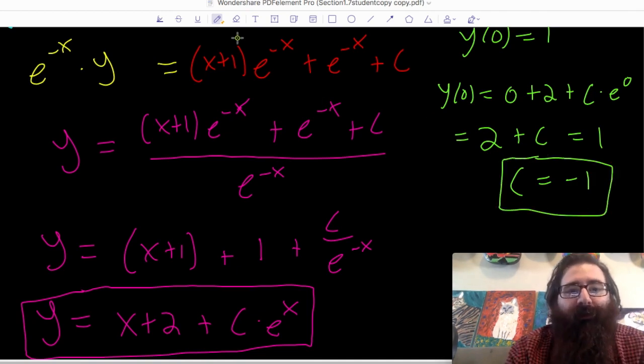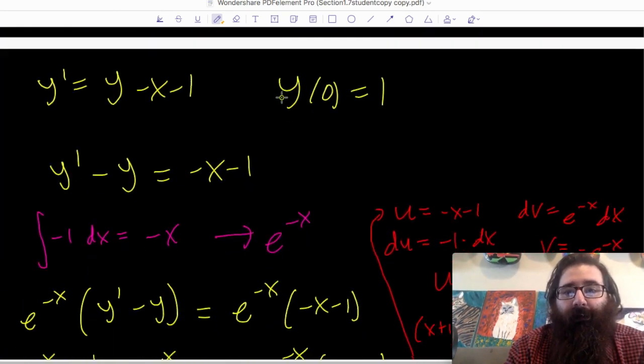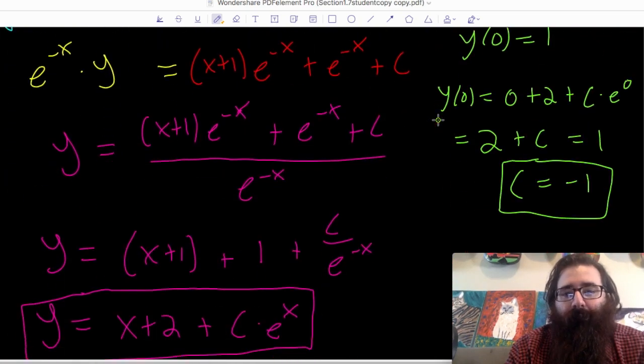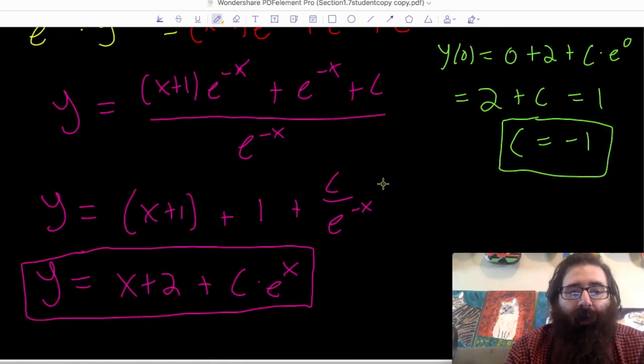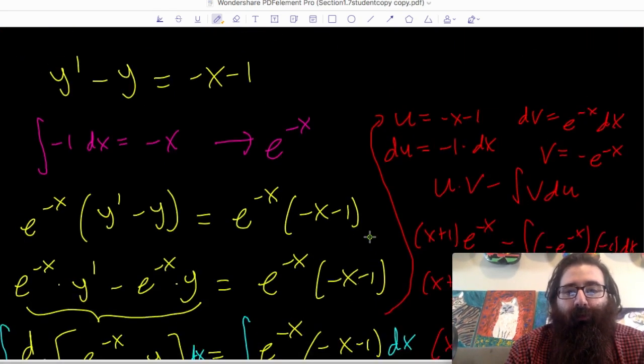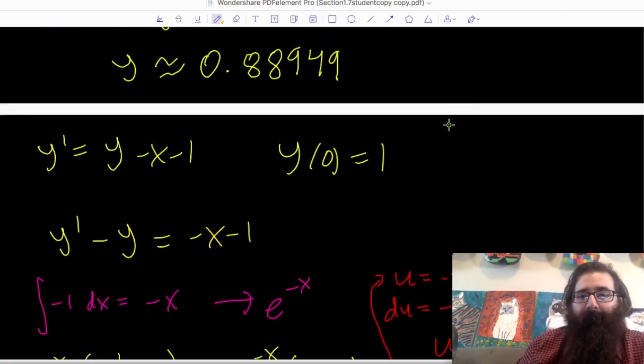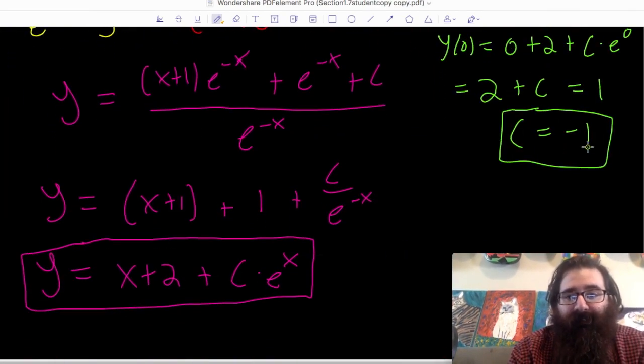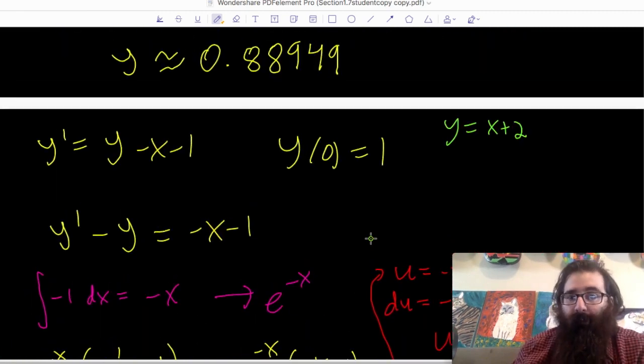And now that I know what c is, I can go ahead and write down what the, well, let me use this space up here so I can compare it a bit better. So I have y is equal to x plus 2. We'll start with that. And then plus c times e to the x, but c is minus 1. So minus e to the x is really what we mean there.